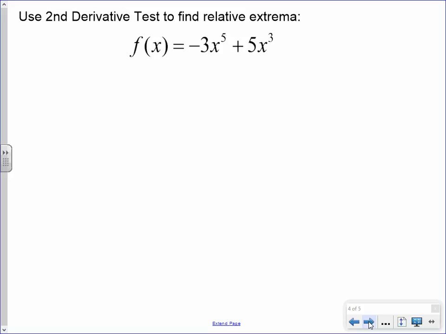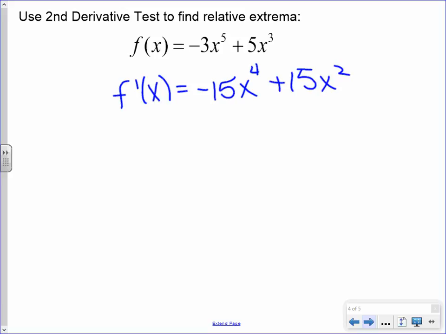So our first step is to find the first derivative, another nice polynomial. Our first derivative is negative 15x to the 4th plus 15x squared. We need critical points, so we're going to set this equal to 0.